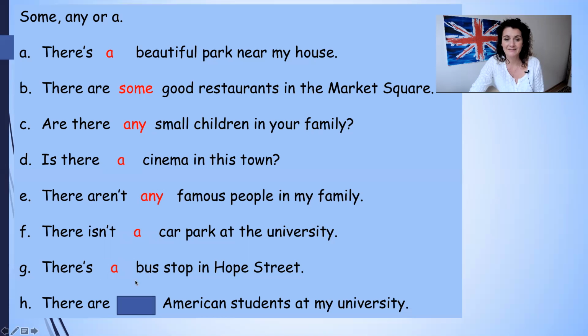Again, it's singular. There's a bus stop in Hope Street. And H. There are American students at my university. There are some American students at my university. It's plural and it's positive, so we use some. Well done.